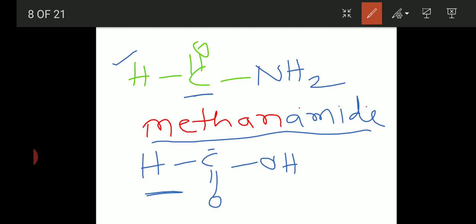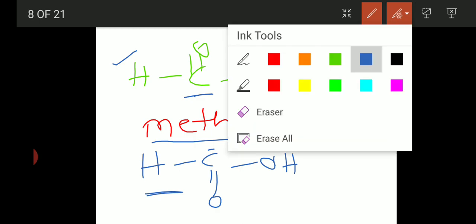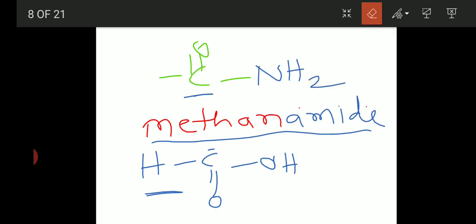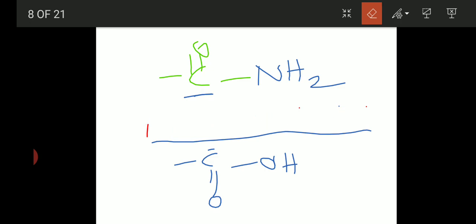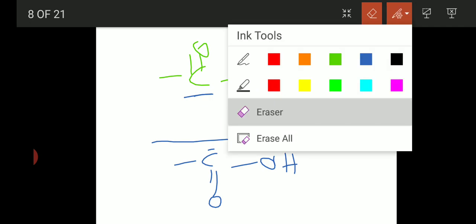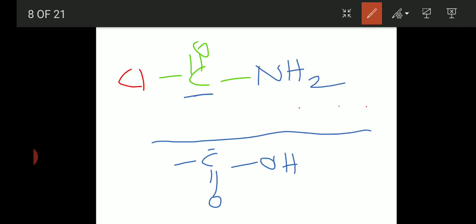If in place of H we take CH3, the methyl group, what could be its parental acid?